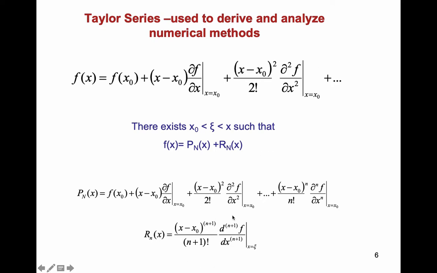In this case, it would be a third order derivative at some point between x and x0 times this, evaluated for n equal to 2. So the error over here would be my R3 of x. I know that I'm limited, and if I'm converging, I can see that this becomes really small.